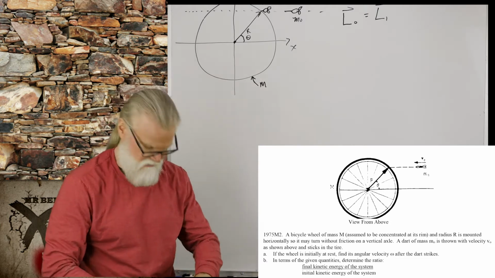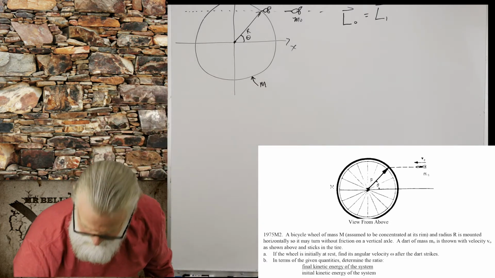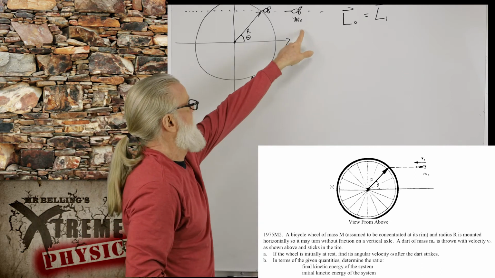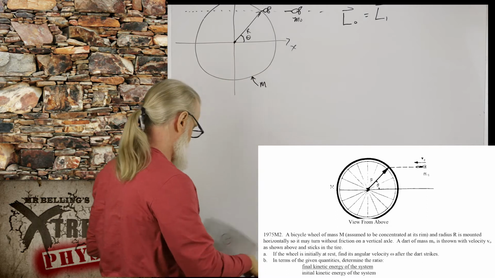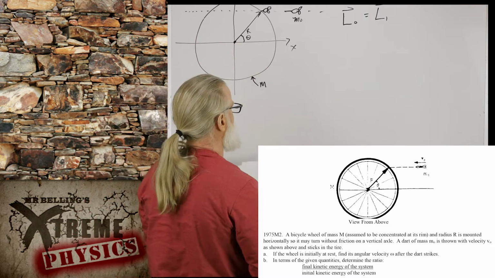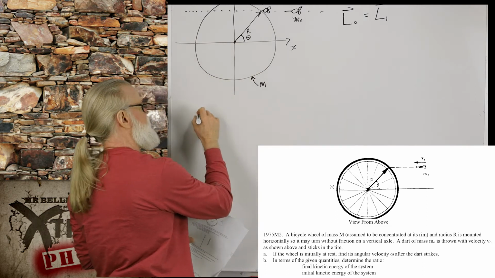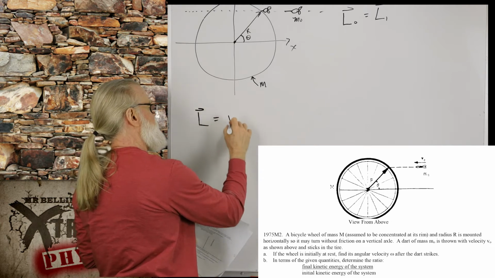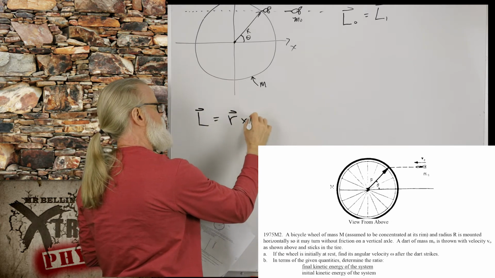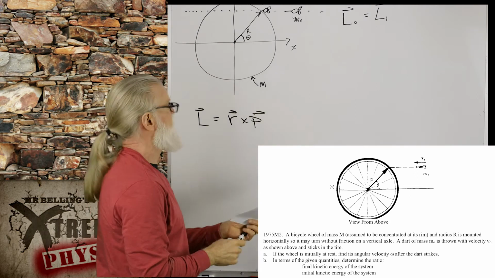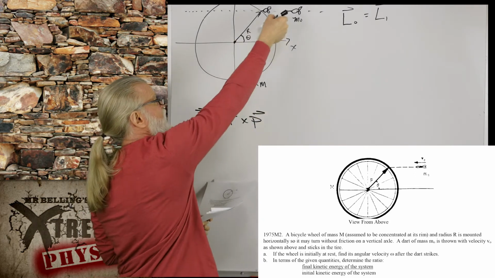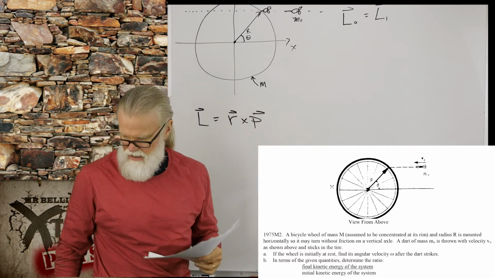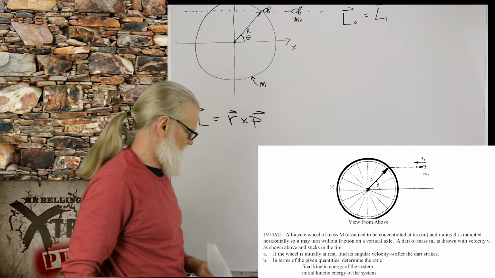What's a little harder to understand is, how does this dart have an angular momentum? Well, it does about this point, because angular momentum, as you will recall, hopefully, is generally R cross P. This does have a non-zero R vector at all times, and it also has a momentum, a mass times a velocity.